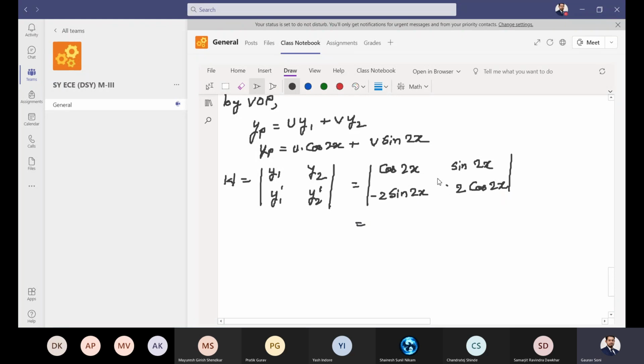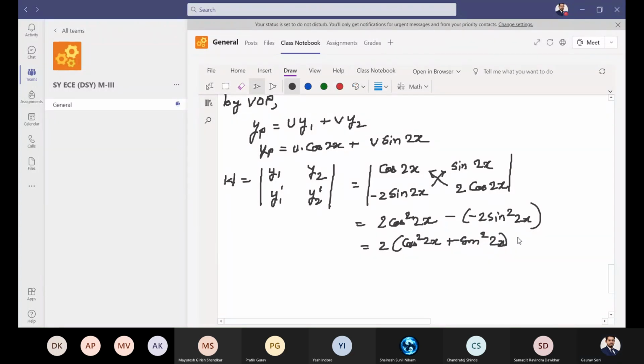You do the multiplication, this to this, and subtraction. So we'll have 2 cos square 2x minus this into this, which is minus 2 sin square 2x. When we open the bracket, minus minus becomes plus, so 2 in bracket cos square 2x plus sin square 2x. Cos square plus sin square is 1. So w is equal to 2.